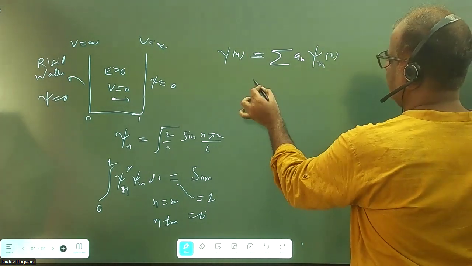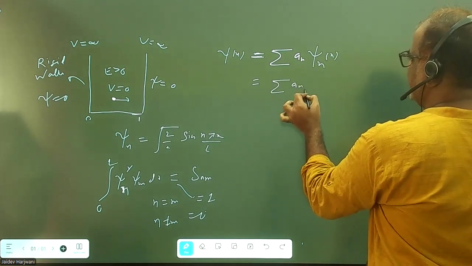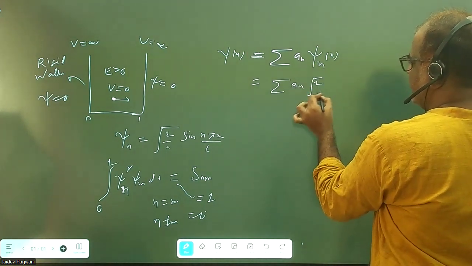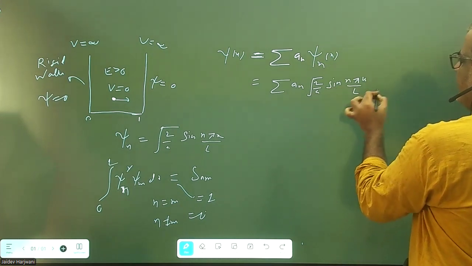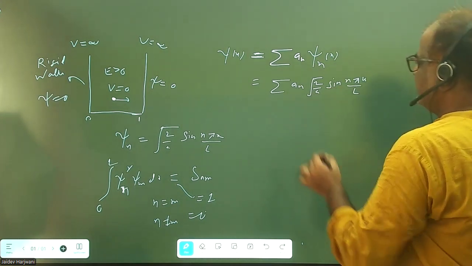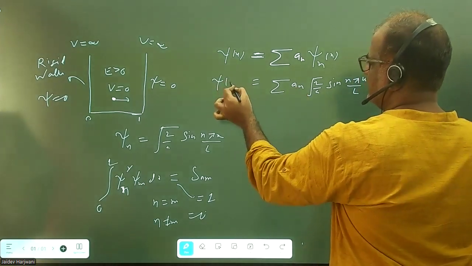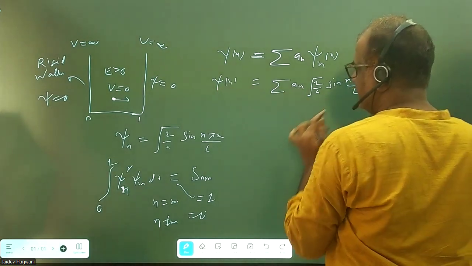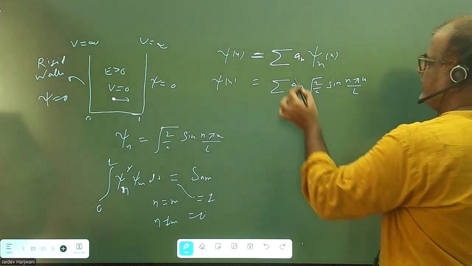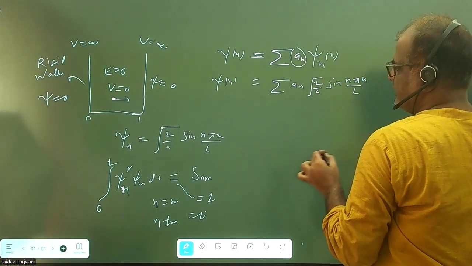Now psi of x is the sum of a n times root 2 upon a sine n pi x upon L, and here a n can be calculated using the orthonormality conditions.